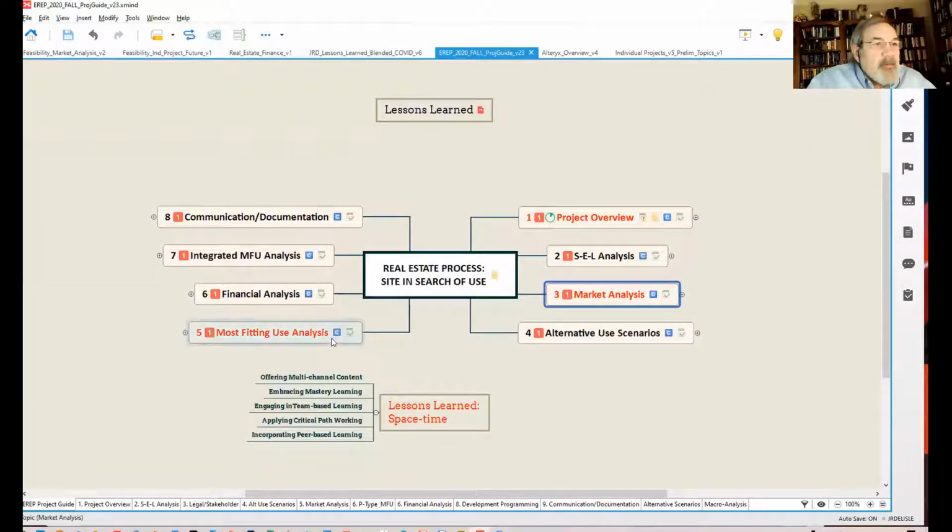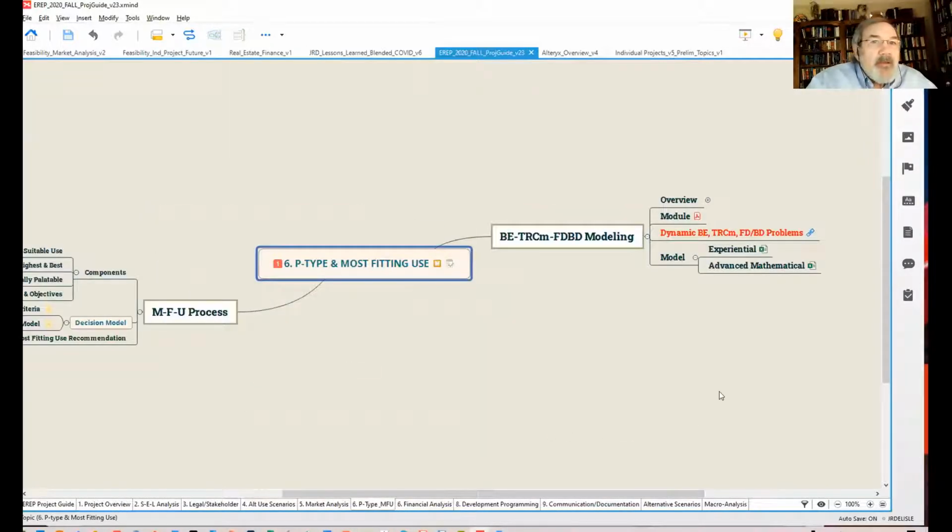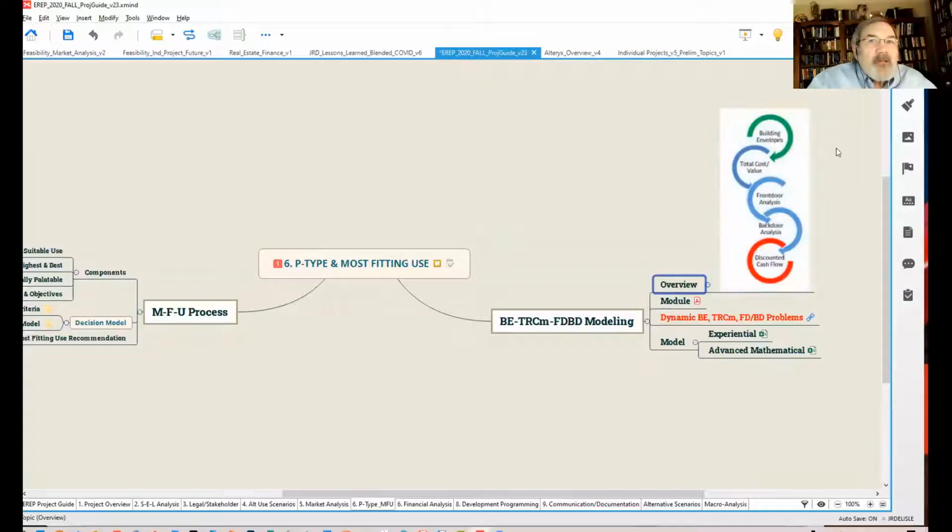This is another example here, and I'm just kind of giving you some examples of going through. There's a kind of getting students to think through more inclusively. They go through and they calculate the building envelope given zoning and heights and parking requirements, and then the total cost of the building. The front door model gets them thinking about the rent they have to get in the market.